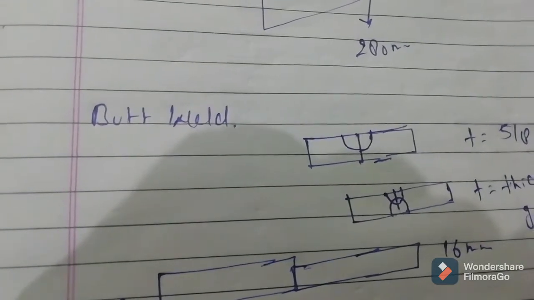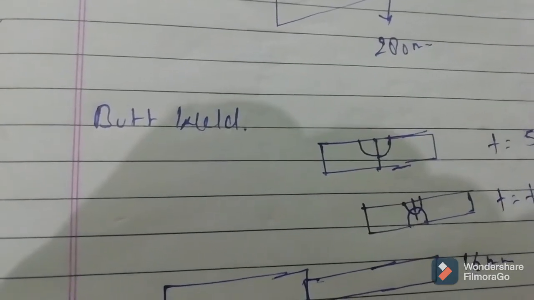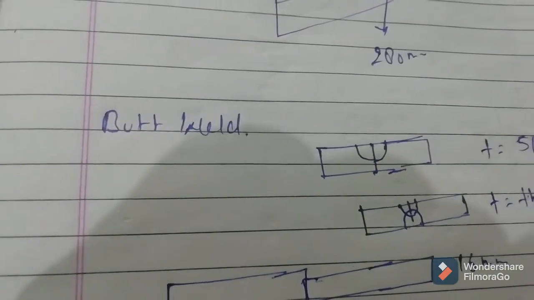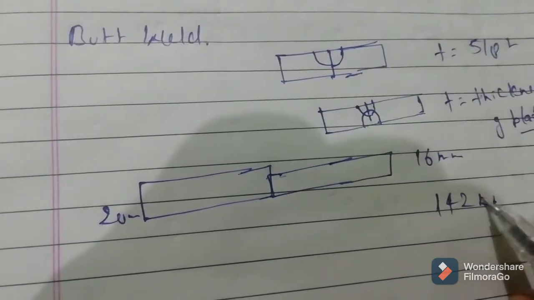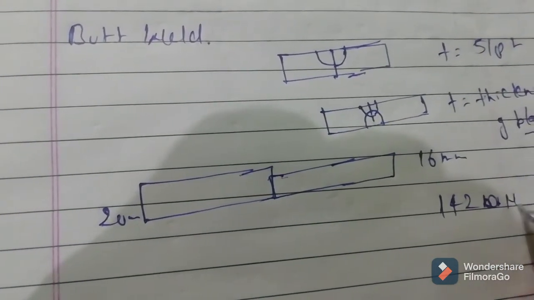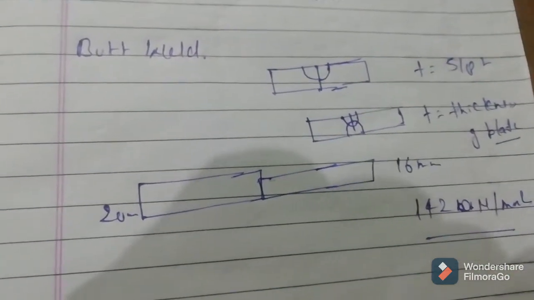So here the permissible tension stress is already given, equal to 142 Newton per mm square. This is your permissible stress.